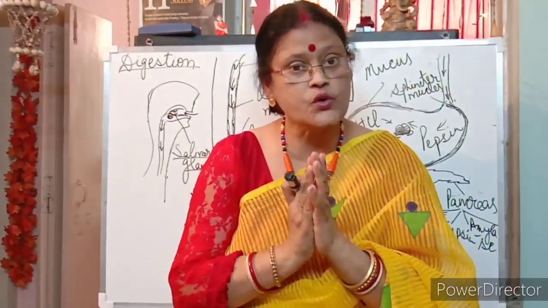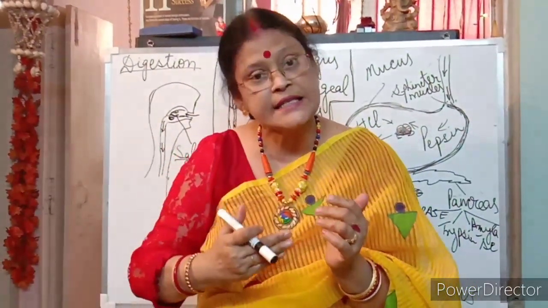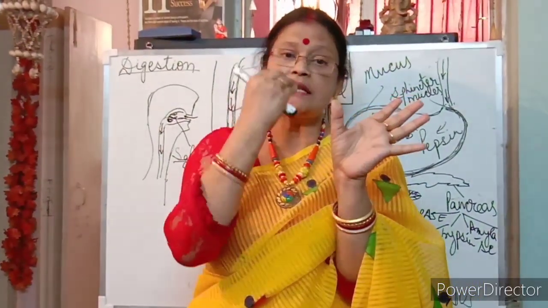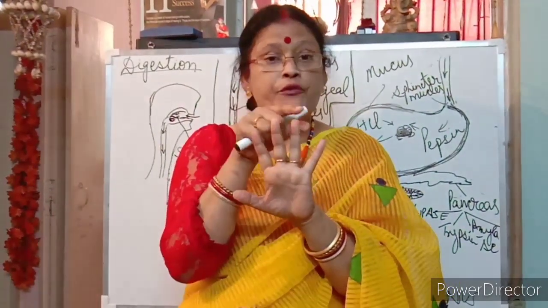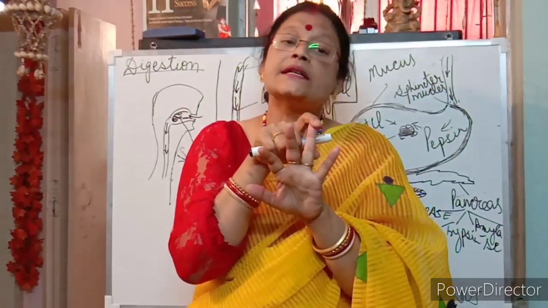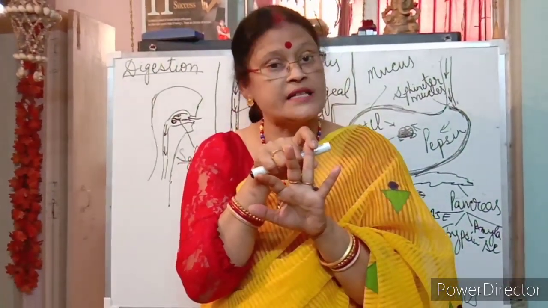Now, what is holozoic? Holozoic means when the nutrition takes place in steps, like first, ingestion of food, means intake of food. Second, digestion. Third, absorption. Fourth, assimilation. What is assimilation? It is the utilization of the food to release energy, is called assimilation.